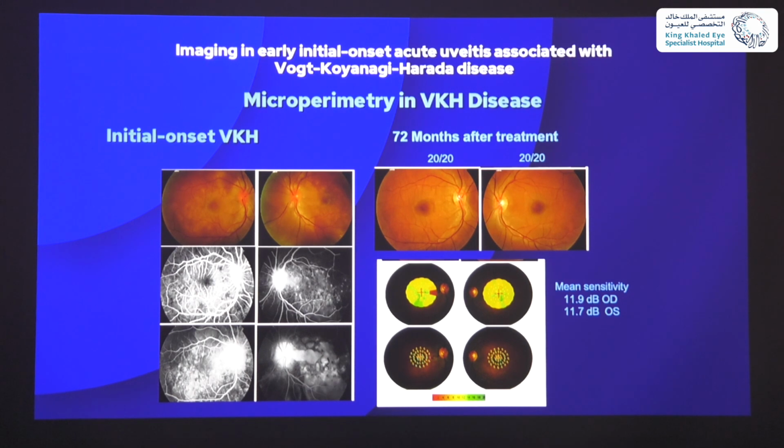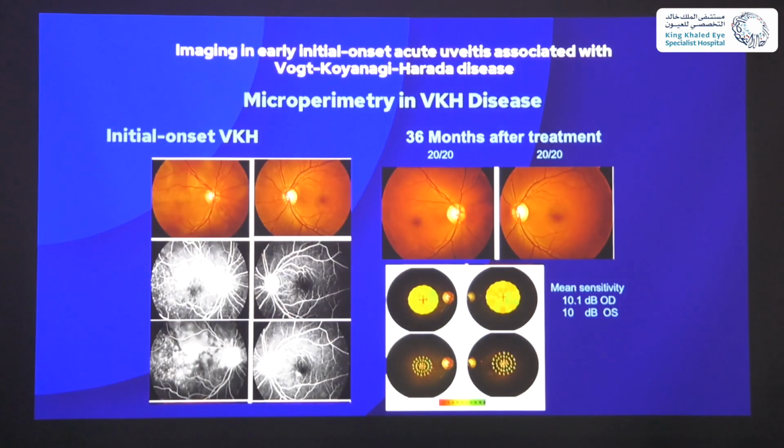The patient improved. But this is still not an optimal result, because in this age group, the normal macroperimetry sensitivity is 19.6 decibel. So although the patient achieved 20/20 vision, the sensitivity is still less than normal.